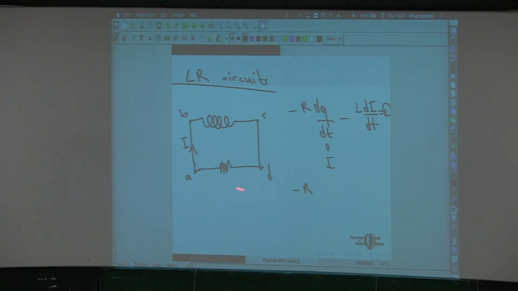I can talk about it over here. Well, if you are happy to identify the potential difference between B and C as the potential difference between A and D, that's still fine. But the potential difference between A and D will not be equal to the integral of the electric field as you go from B and C across this wire. That is what is different now.